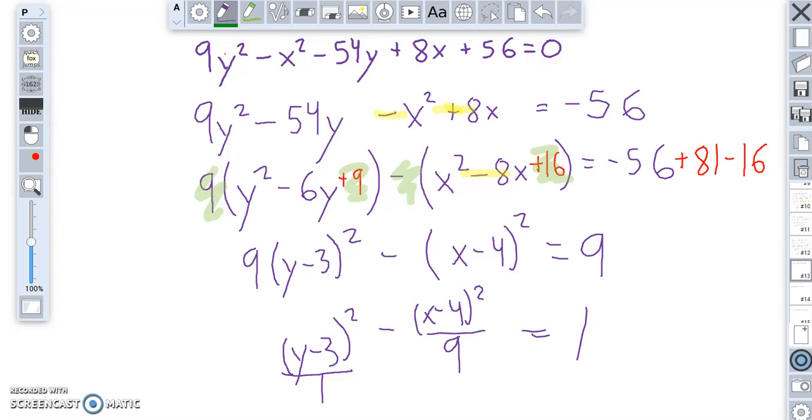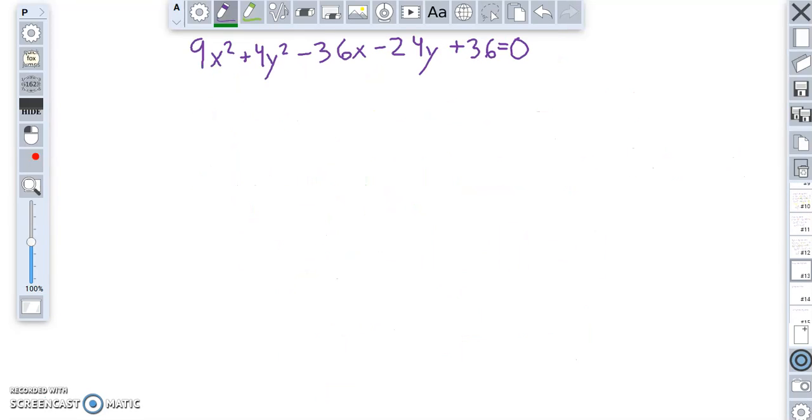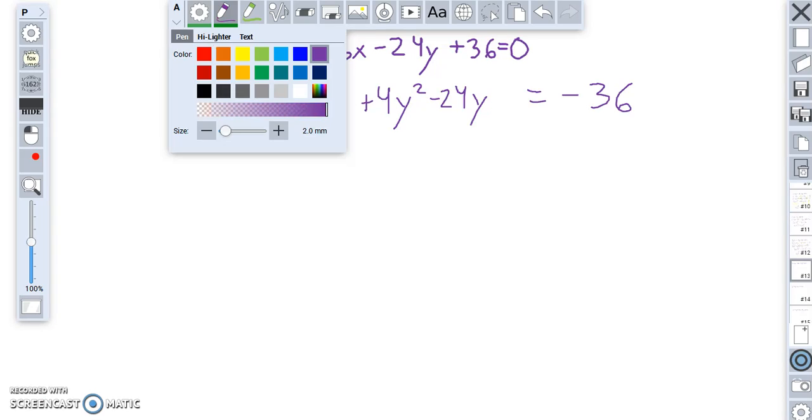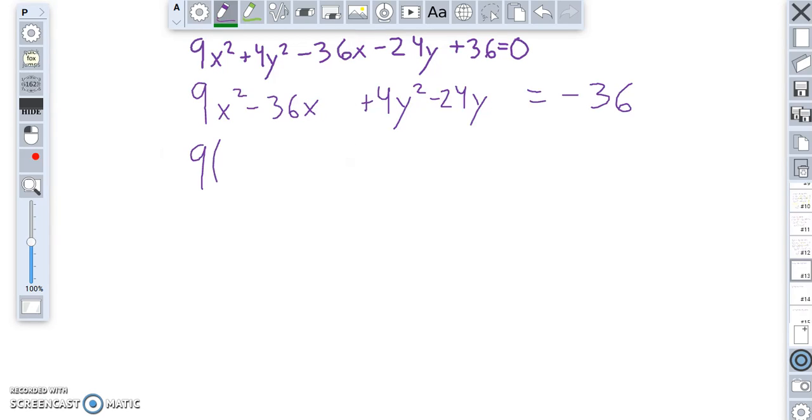Next. Group everything. 36. Before I do magic numbers, factor.